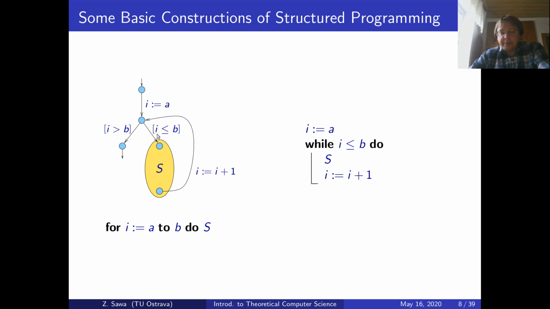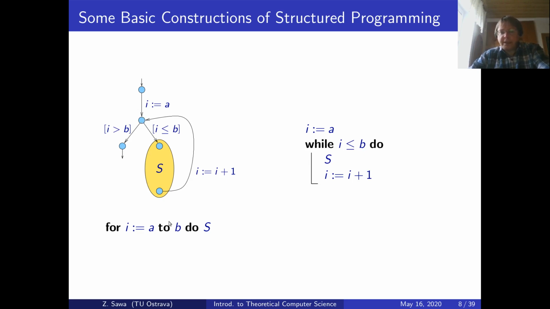If it's less than or equal to B, then statement S is performed, and after performing S, the value of variable I is incremented by 1, and we go back to the beginning of the cycle and perform this test once again, and so on. And when the value of I becomes greater than B, then we go out of the loop.